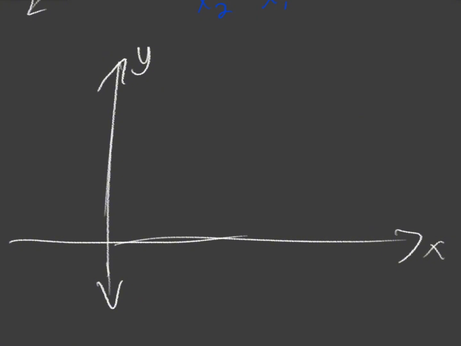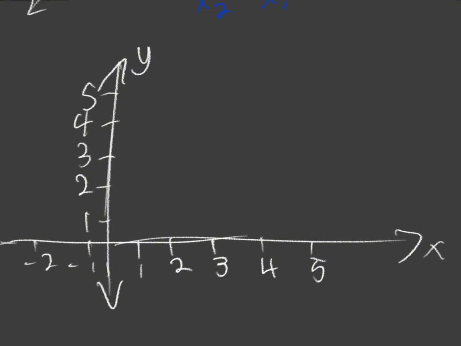Then you go 1, 2, 3, 4, 5, and 1, 2, and so on, and 1, 2, 3, 4, 5. We don't need to draw the negatives right now because we just want to focus on this area, the top half.